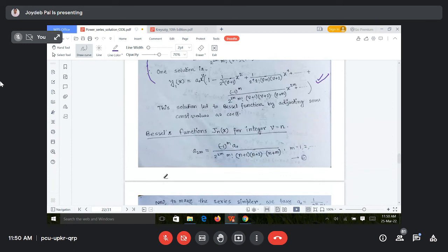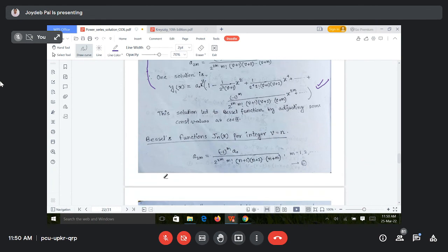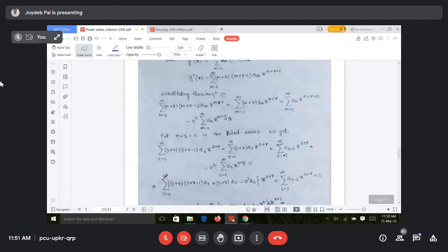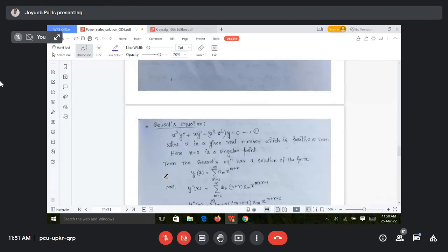So there are two cases actually for Bessel functions. Here I told initially in Bessel's equation, what is nu? Nu is a real number which is positive or zero. In short, I can say nu is a non-negative real number, right?